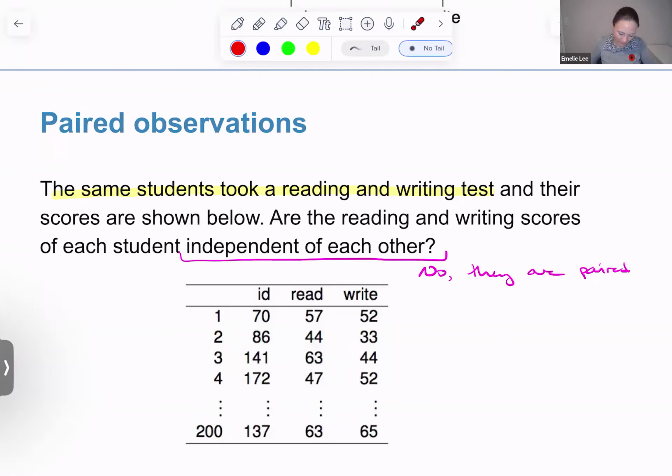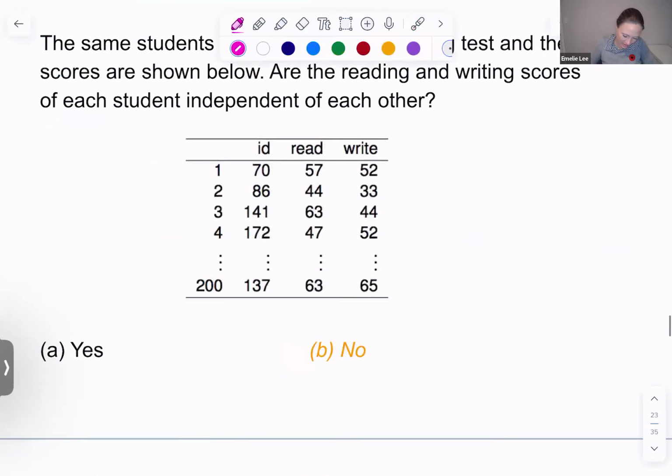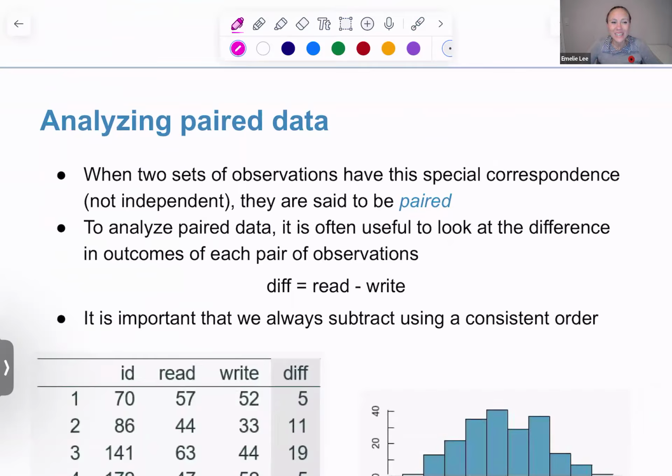Well, we already said no here, but I think it's on the next slide. What's really fun about paired data is, when you have two sets of observations that have this linkage, this special correspondence, which I'm just going to call pairing or pairs.